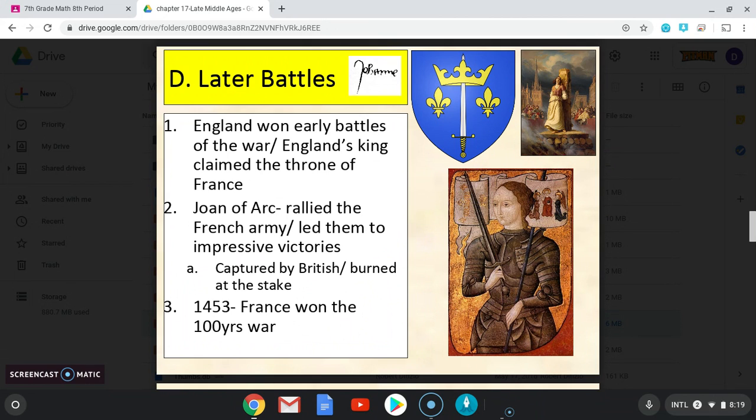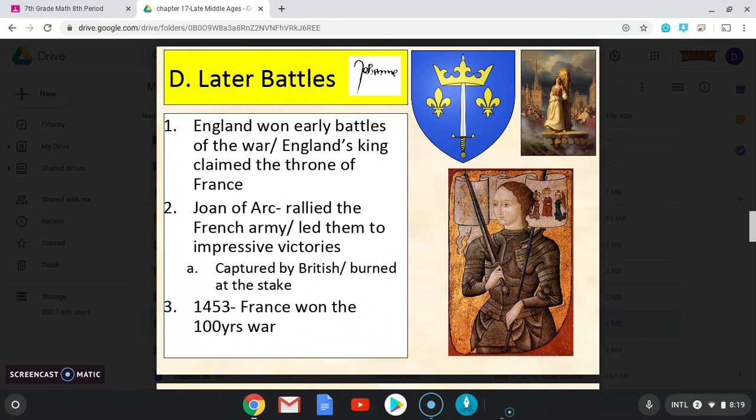And they rallied around a very important figure known as Joan of Arc, who was actually a female teenager who becomes a leader in the French military. So remember, it started in 1328. In 1453, France wins the 100 Years' War.